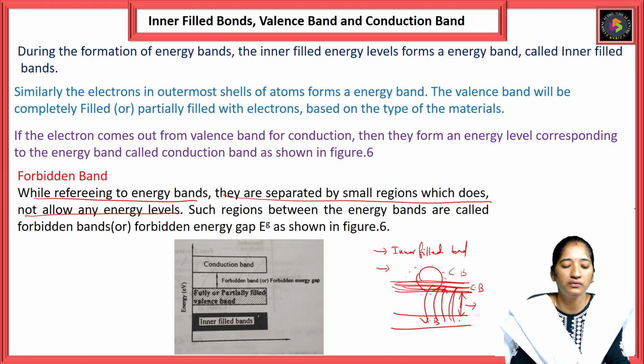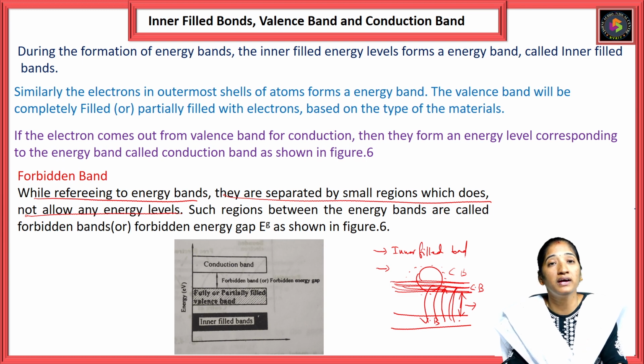Let us look into the definition. While referring to the energy bands, they are separated by small regions which do not allow the energy levels. Such a region in between the energy bands is called the forbidden band gap.